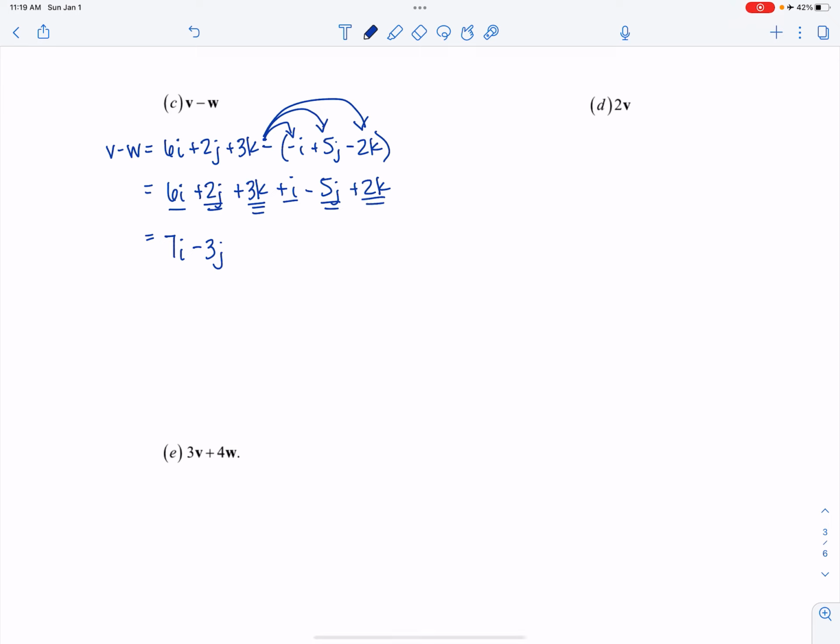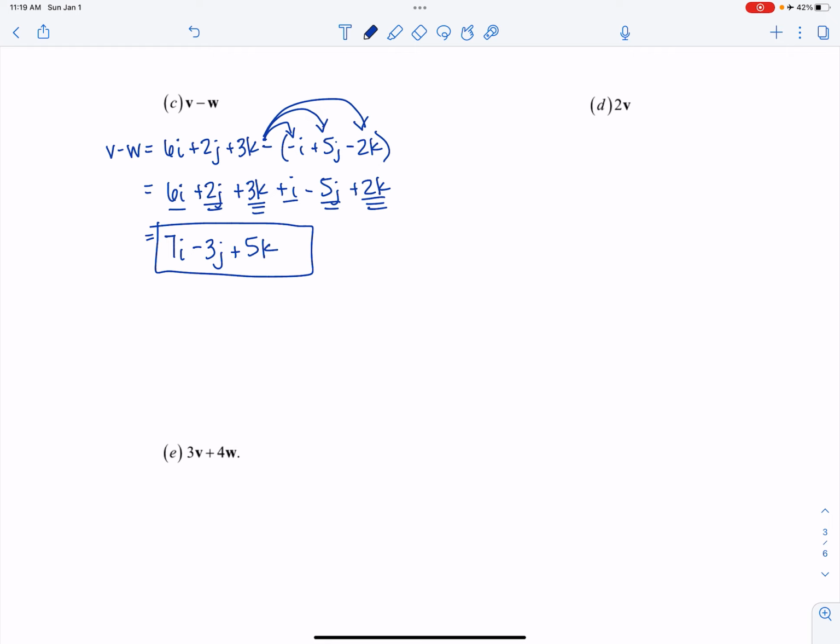And 3k plus 2k is 5k. So this is the vector, if we subtract v minus w, that would take us from the beginning of v to the end of w.